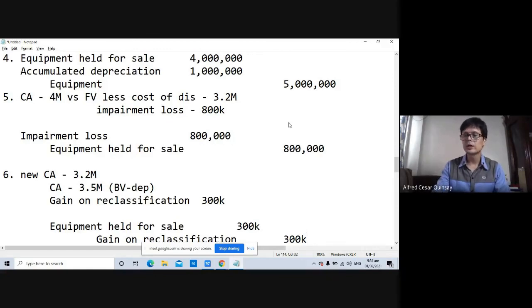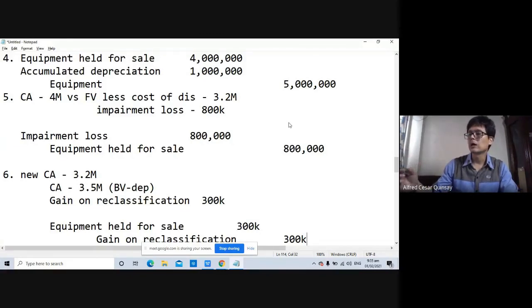Kasi nga ni-reclassify niya ulit kasi sinabi niya na hindi na lang nila bebenta. Okay? So, i-reclassify nila. Inibando nila yung kanilang decision na held for sale, to just use it na lang, gagamitin na lang niya. So in such a case, kukunin natin yung the lower between yung carrying amount of the asset on the basis that the asset had not been classified as held for sale. So yung dati niyang original amount, which is 5 million, divided by 10 years, yun yung depreciation niya.